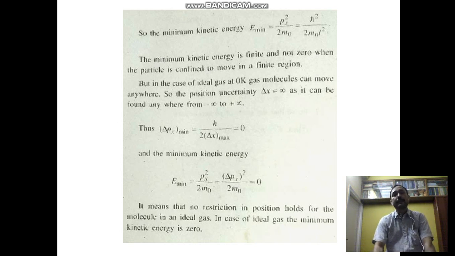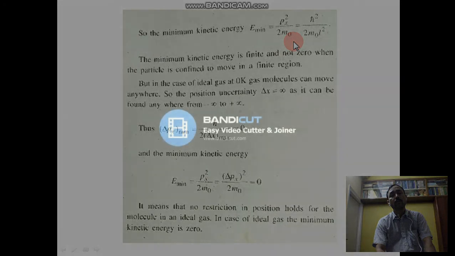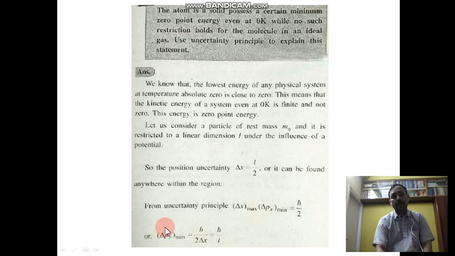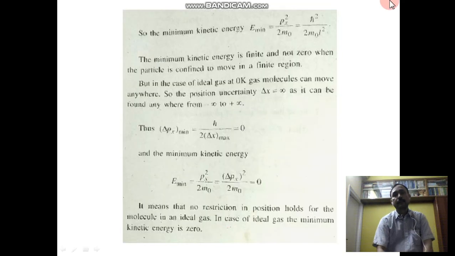So the minimum kinetic energy E min is equal to px square by 2 m0. Here we have calculated delta px minimum is equal to h cut by L. So putting this here, delta px square by 2 m0 gives h cut square by L square, with the denominator multiplied by 2 m0.